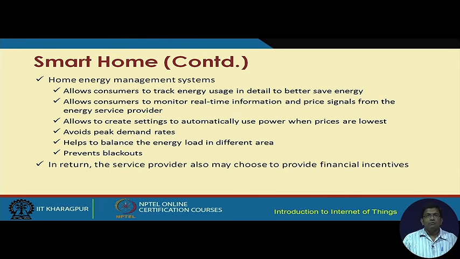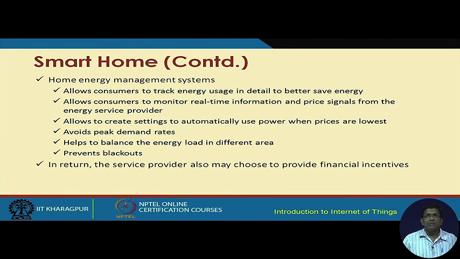So, the smart home allows the consumers to track the energy use in detail to save energy in a better way. What you have is something called the home energy management systems.